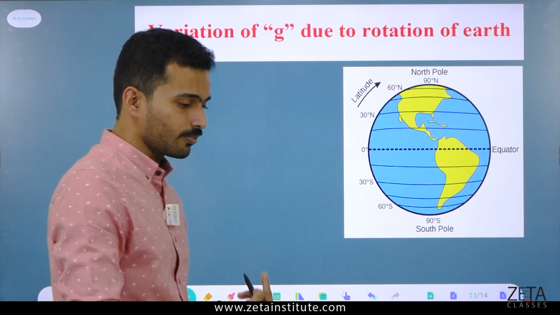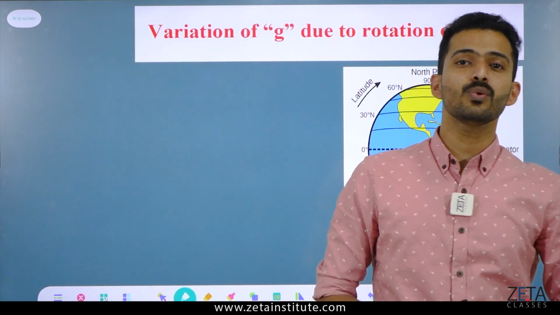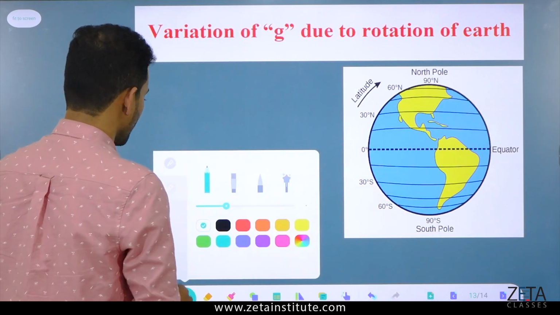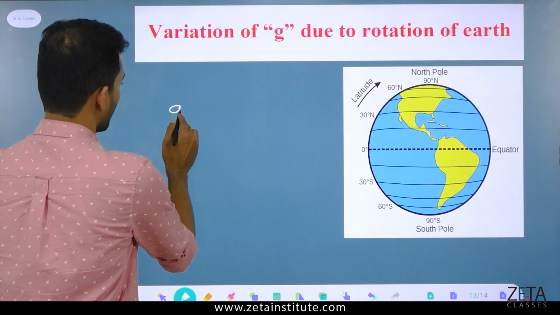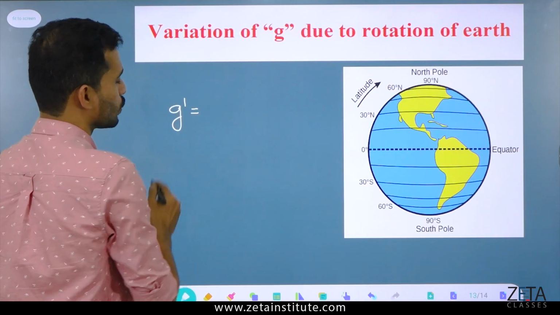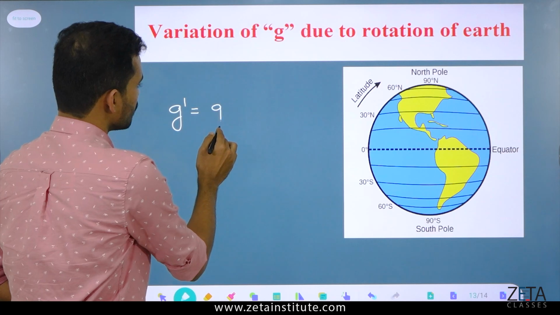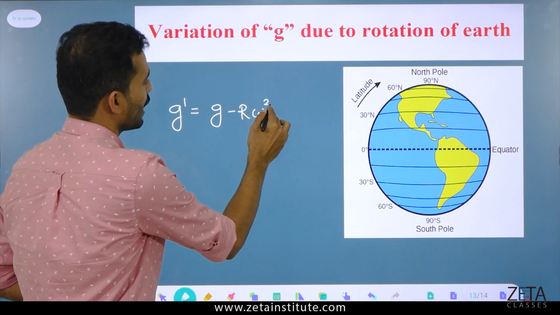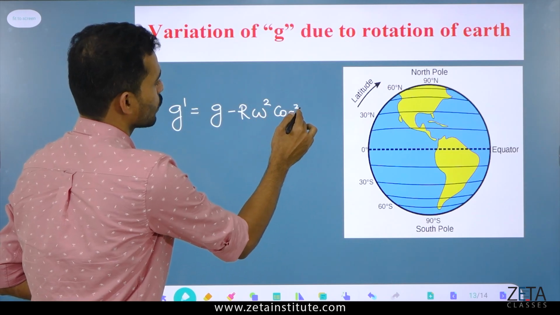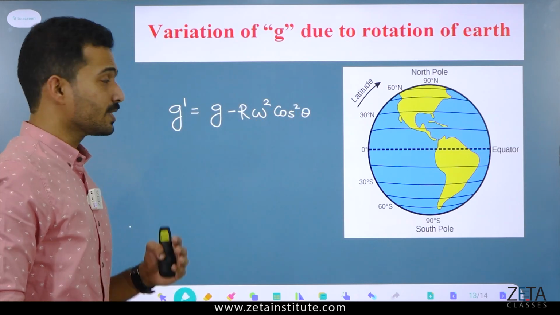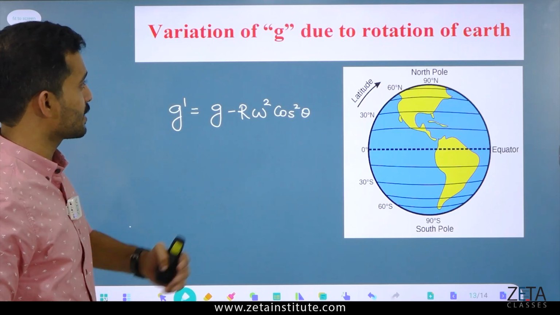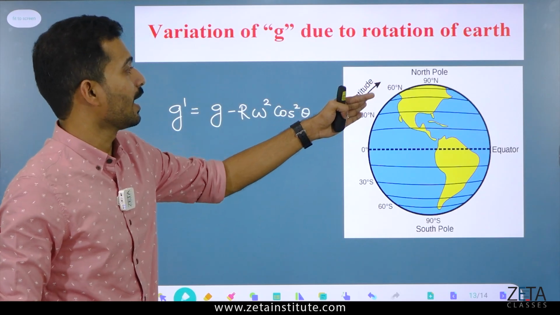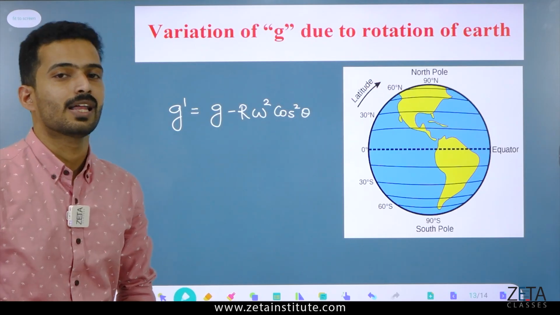So the value of acceleration due to gravity due to the rotation of the earth is given by g dash is equal to g minus R omega square cos square theta. Keep this equation in your mind. This is the equation to find the value of acceleration due to gravity due to the rotation of earth. What is theta? Theta is the latitude.